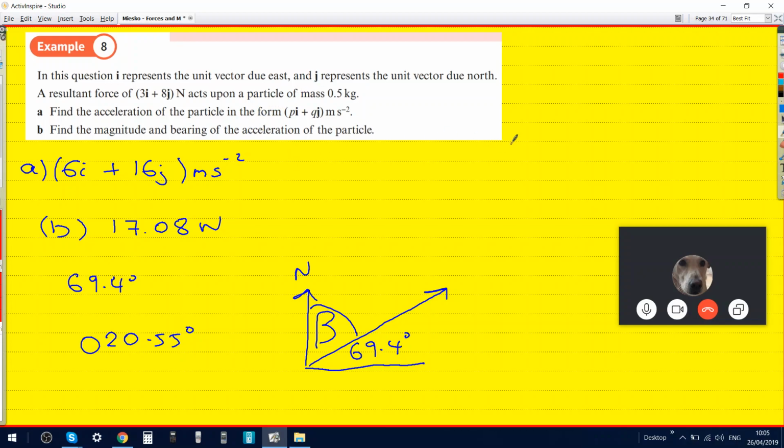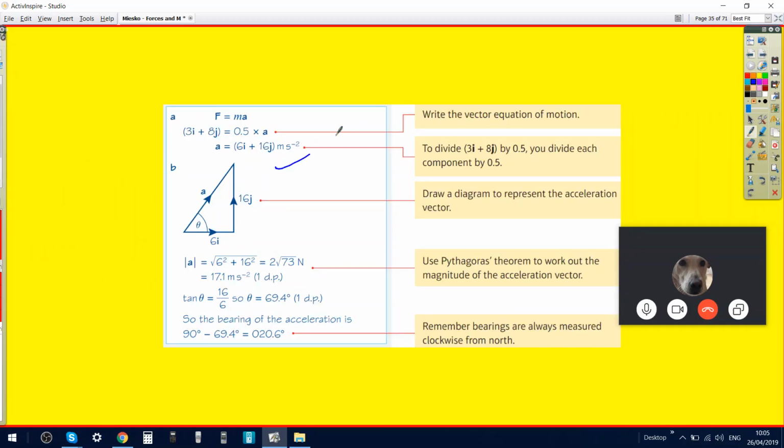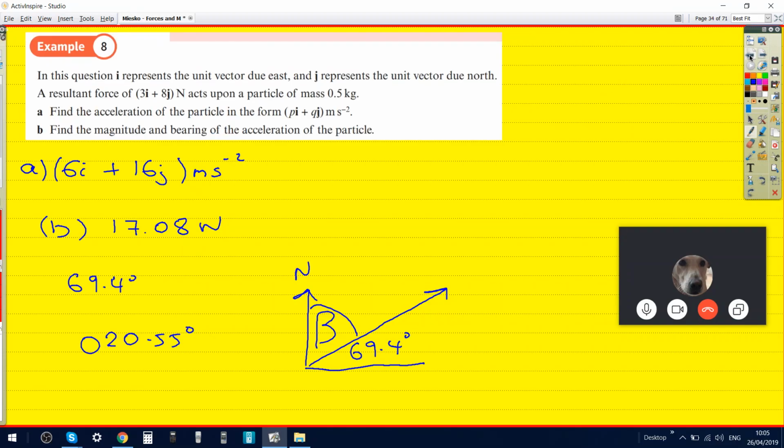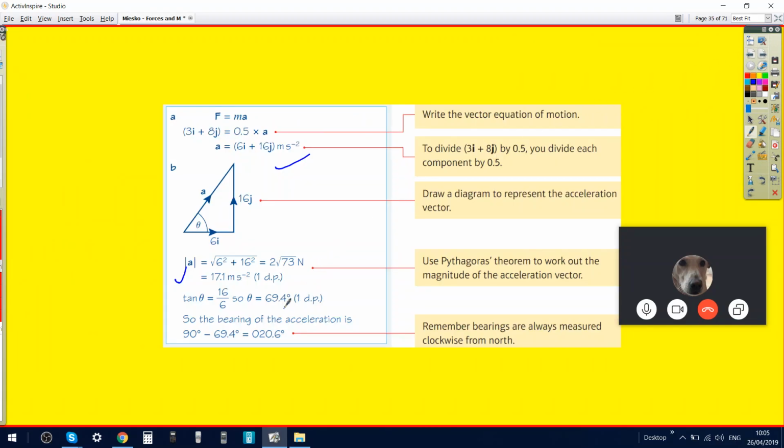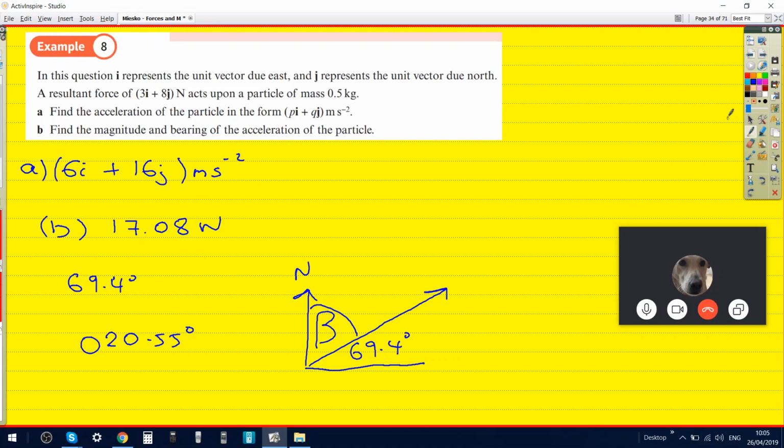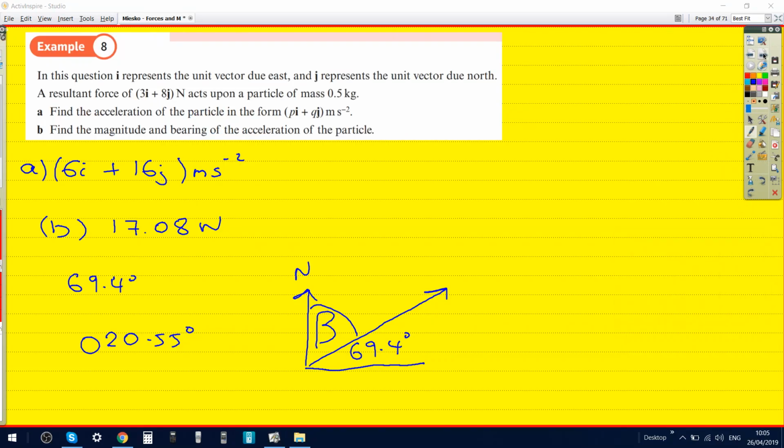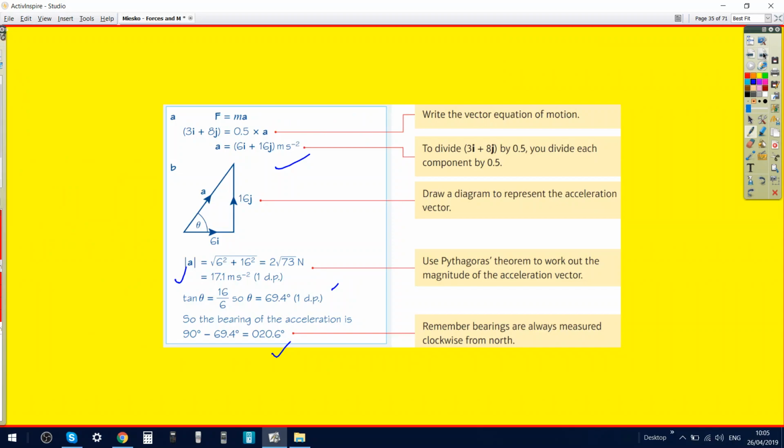Let's see if that's going across. All right, let's take a look. So 17.1, yeah, and then 69.4, and so the bearing is 20.6. Yep. Any questions about that? No. Yeah, that's okay.